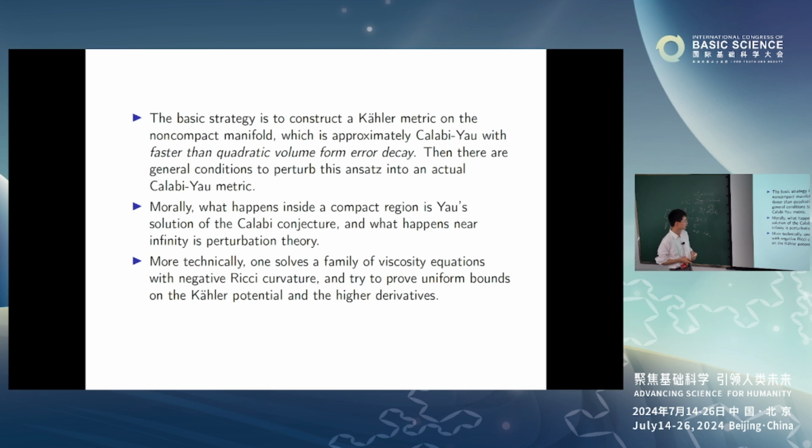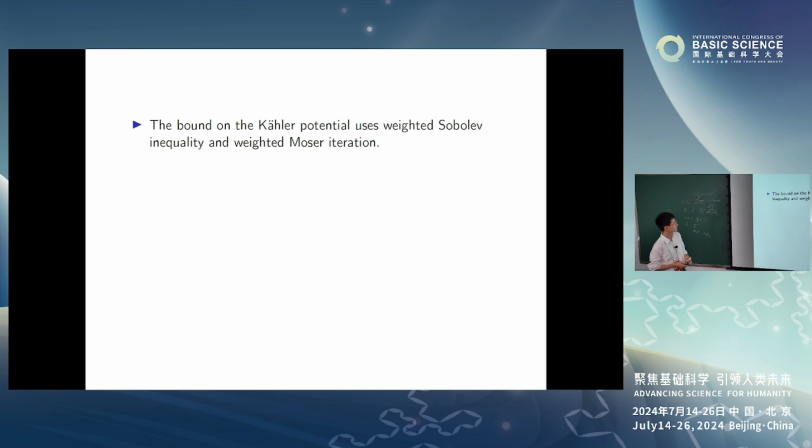And in the end, you want to take a limit. So that is roughly what goes into this Tian-Yau-Hein package. Now, the bound on the Kähler potential uses some weighted Sobolev inequalities and weighted Moser iterations.